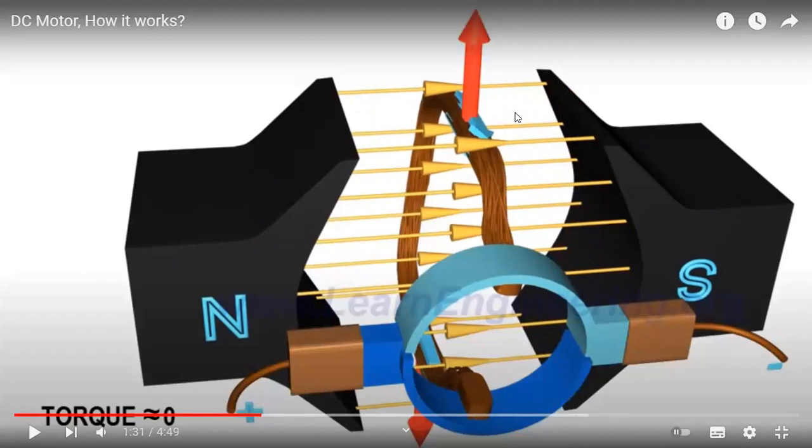In this position, you can clearly see that when this armature coil, or the rotor coil, is perpendicular to the magnetic field, then torque is zero.